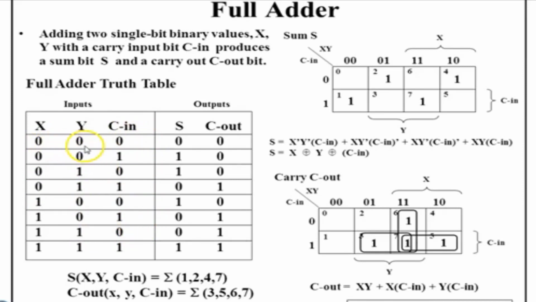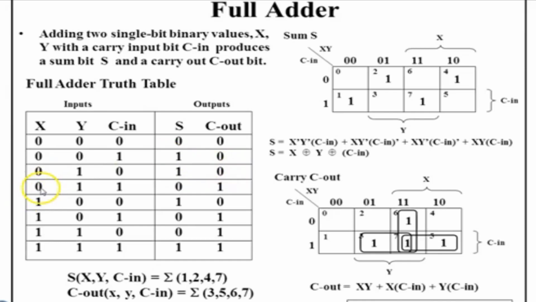So each bit is added to generate the sum and the carry out. 0 plus 0 plus 0 gives the sum as 0, C out as 0. 0 plus 0 plus 1 gives the sum as 1 and C out as 0. 0 plus 1 plus 0 gives out the sum as 1, carry out as 0.